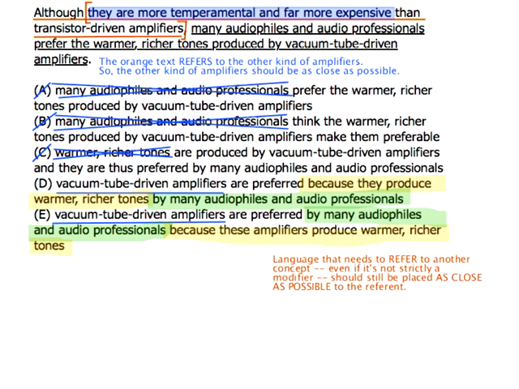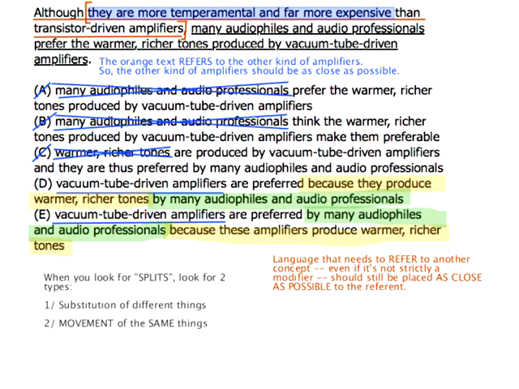When you look for splits, you should look for two types of splits: number one, actual substitution of different things, or number two, movement of the same things. Like these yellow things, these green things here.